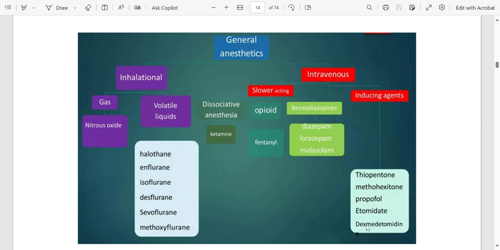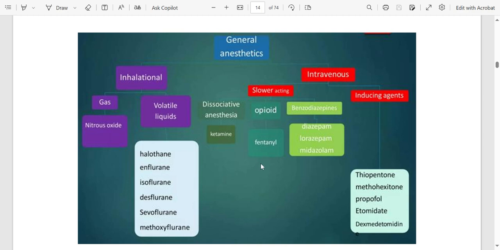Okay, propofol, etomidate, thiopentone. Now the slower acting are divided further into dissociative anesthesia, opioid, and benzodiazepine. For the dissociative, you have got ketamine, and then the opioids. Remember, these are also given for pain relief. You have got fentanyl, which is one of the most common drugs of abuse in the United States, causing a lot of deaths.